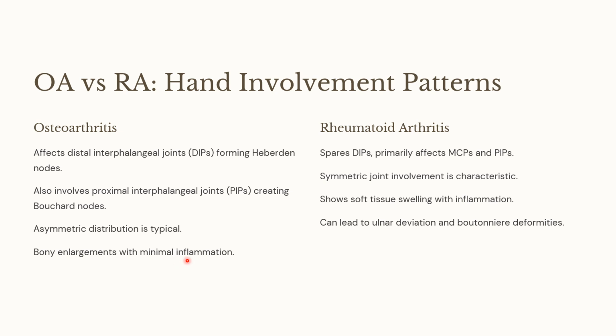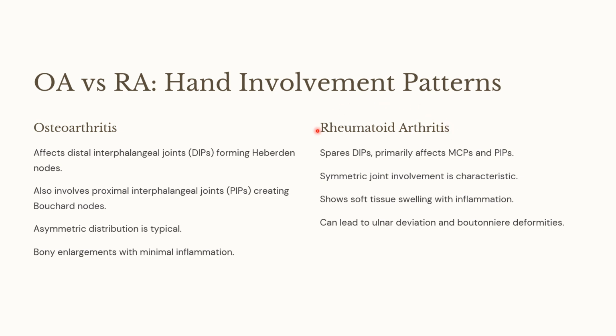In rheumatoid arthritis, the key differentiating feature is that it will not affect the distal interphalangeal joints, the DIPs. So whenever you see an X-ray where the DIP is affected, it is clearly indicating osteoarthritis. Rheumatoid arthritis will primarily affect the metacarpophalangeal as well as the proximal interphalangeal joints.